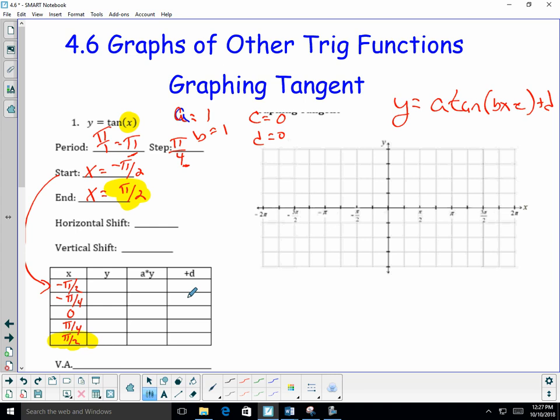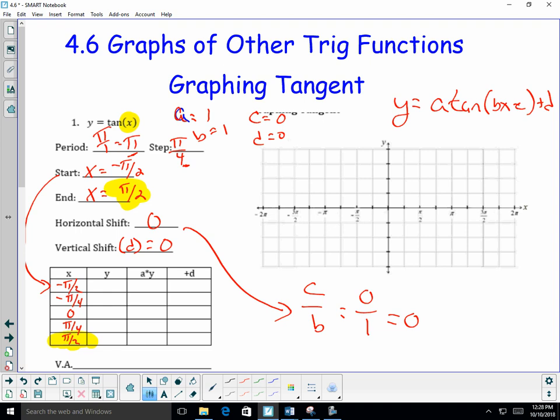The horizontal shift is still the same thing that we did before. Your horizontal shift is still your c divided by b. So in this case, my c is 0 divided by my b, which is 1, so my horizontal shift is 0. My vertical shift is my d, and d is 0, so my vertical shift will also be 0.